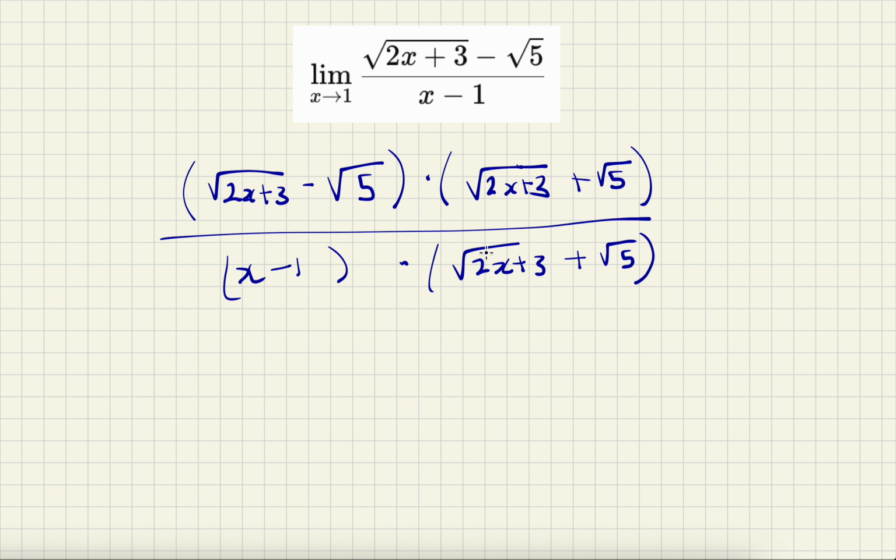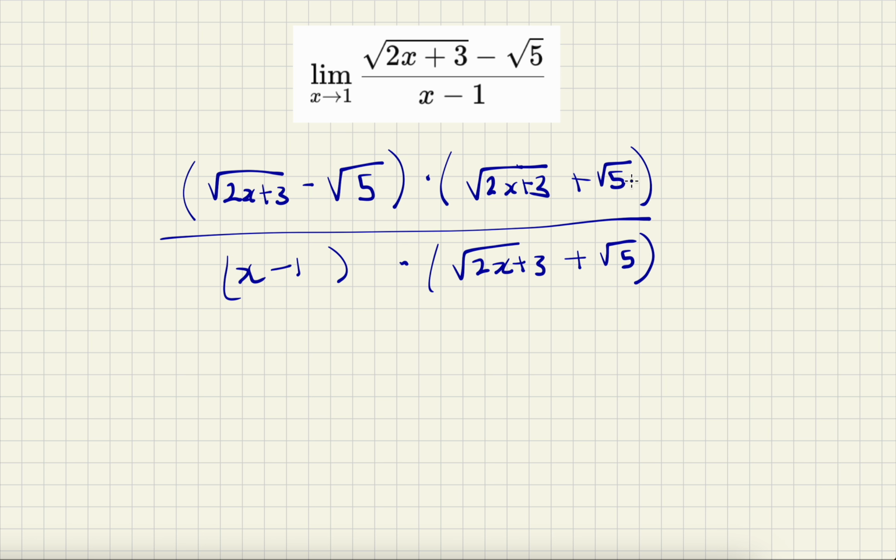And now if you're asking yourself, how did I know to do this? All I did was multiply by 1, because the square root of 2x plus 3 plus the square root of 5 divided by the same thing is just 1. And so all I did was multiply the original function by 1.